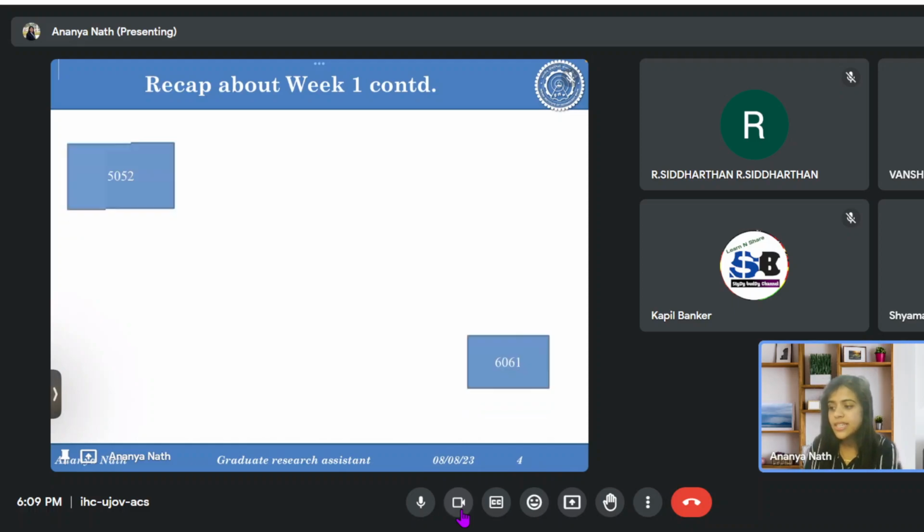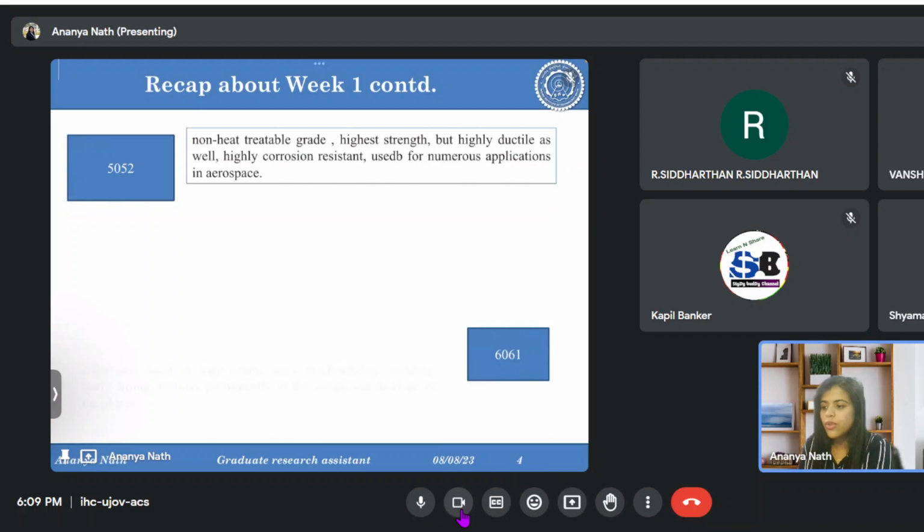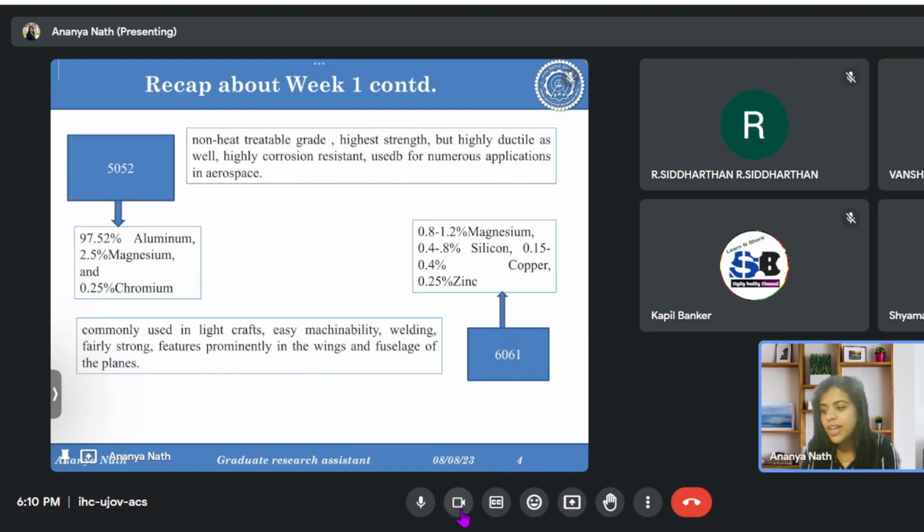Next are 5052 and 6061. For 5052, the main alloying element is magnesium, as for the 5000 grades. But for the 6000 grade, the main alloying elements are magnesium and silicon. You can see the percentage of magnesium and silicon is higher in 6061 than other elements like copper and zinc.